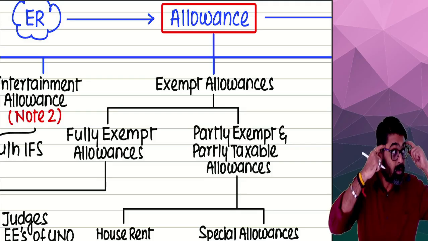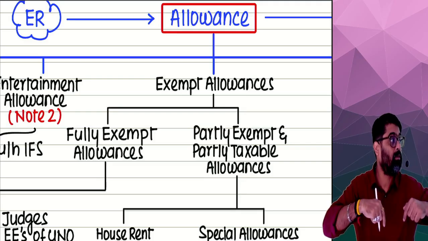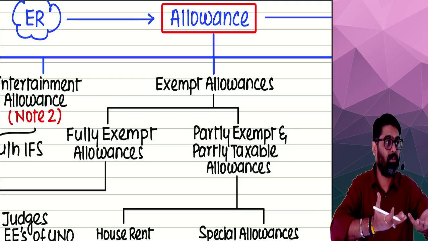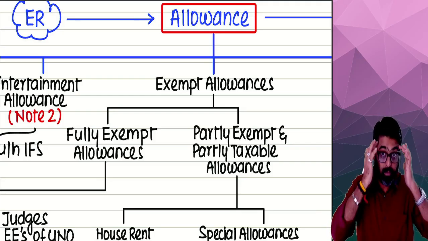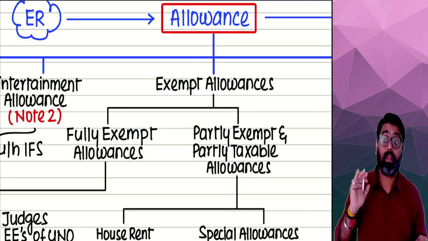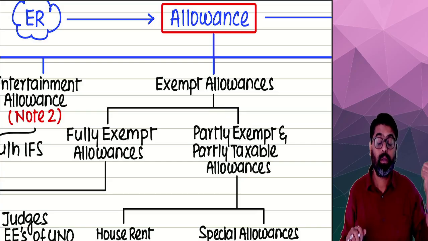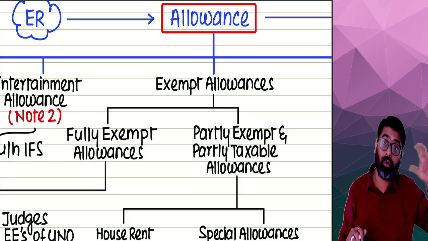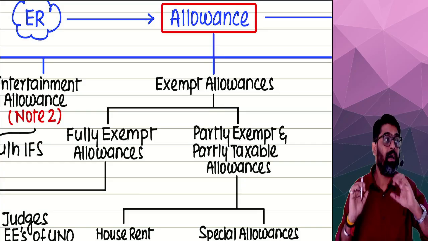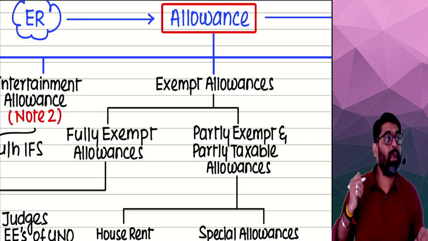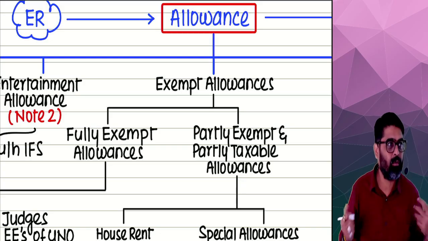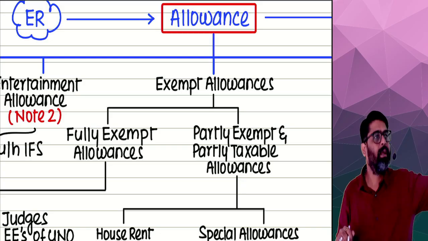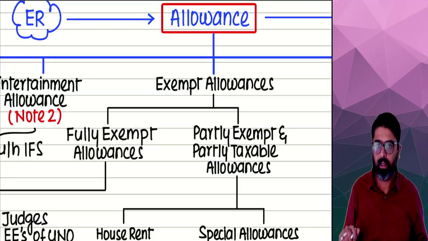But for that, you'll have to remember the names of those allowances and the amounts of exemption. Yes or no? You'll have to remember which allowances were given in the exemption category. So if you ask the allowance whether it is covered in the exemption category, and it says yes, then take the exemption. Then it will not be taxable.